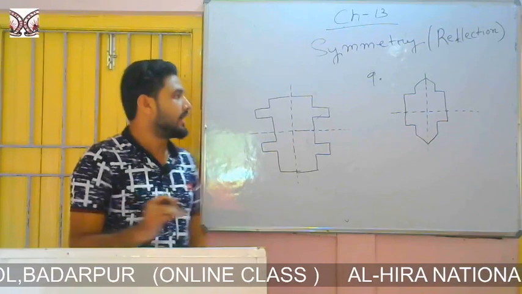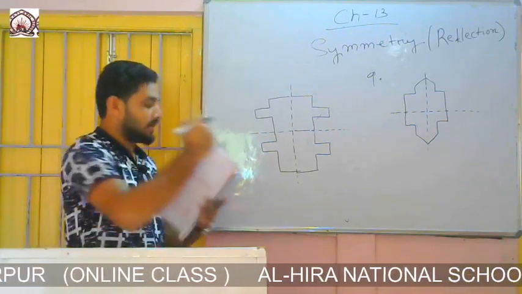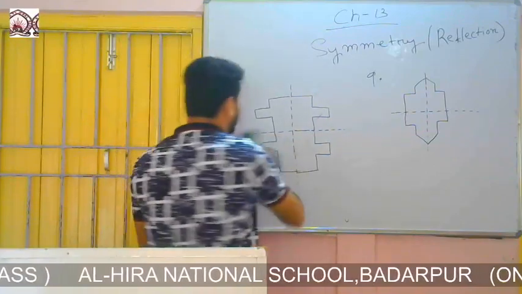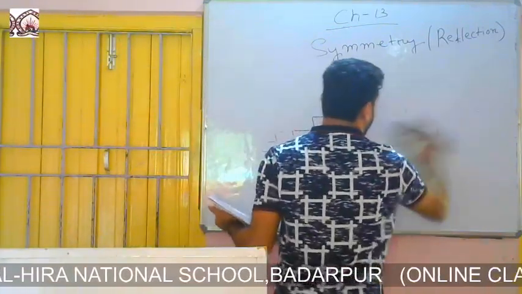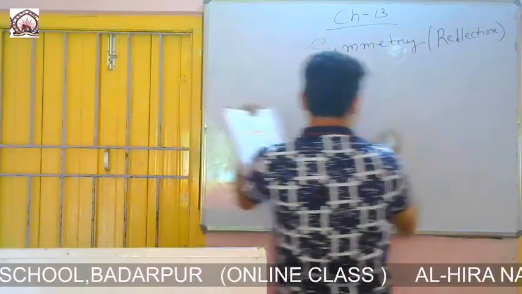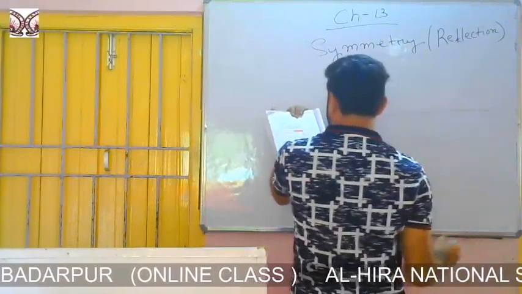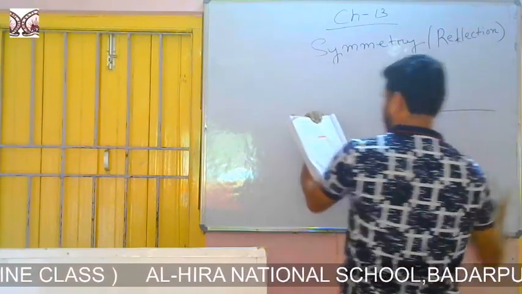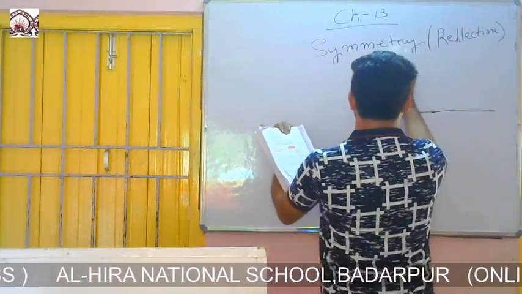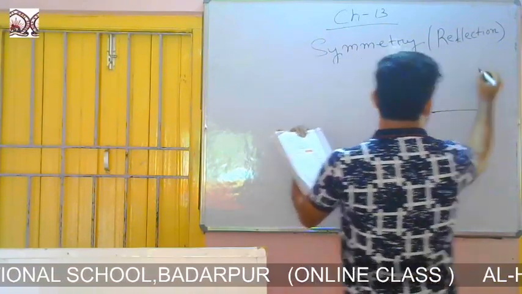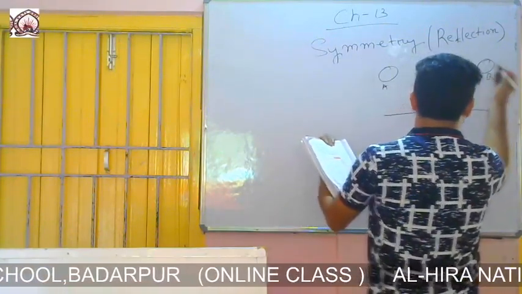That means, okay, you see the figure here. This is the street, that means road, and a house is there, that is A, and a house is there, that is B.